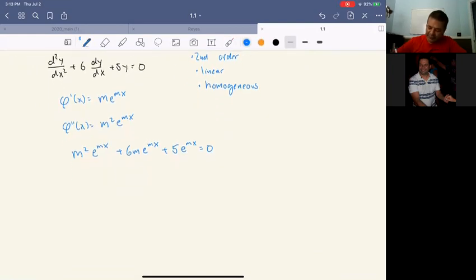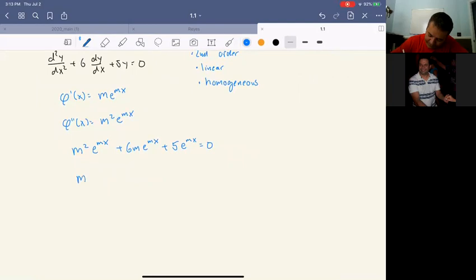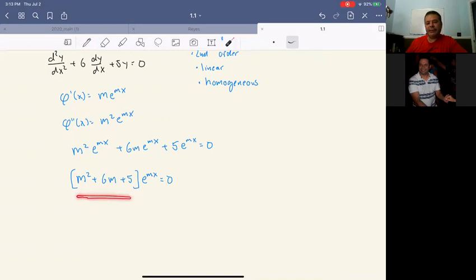So we're going to write this as m squared plus 6m plus 5 multiplied by e to the mx equals 0. Now, e to the mx can never equal 0. So that means we need to have m squared plus 6m plus 5 equaling 0.